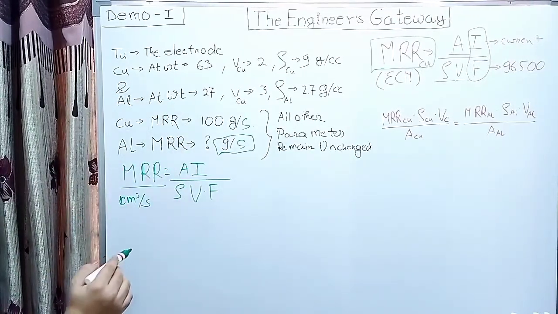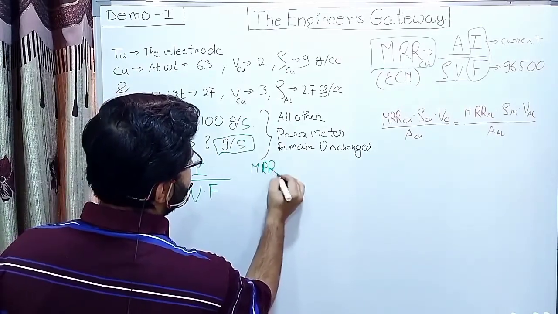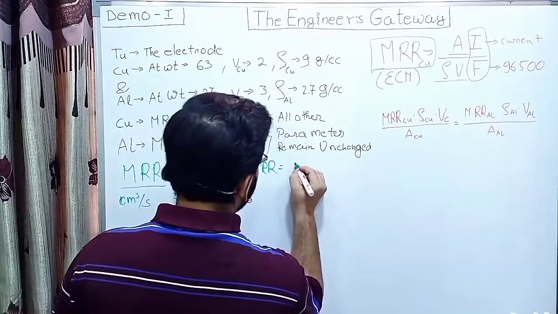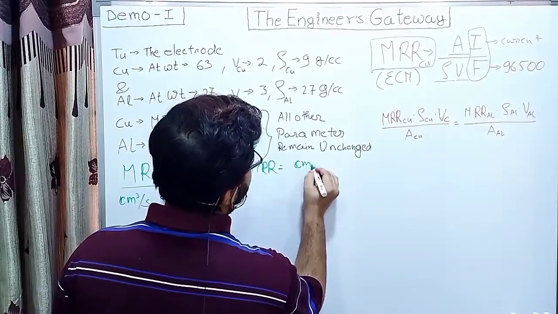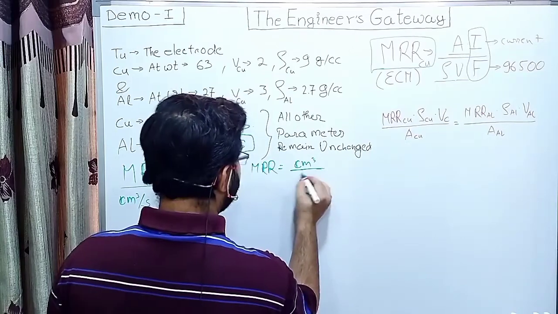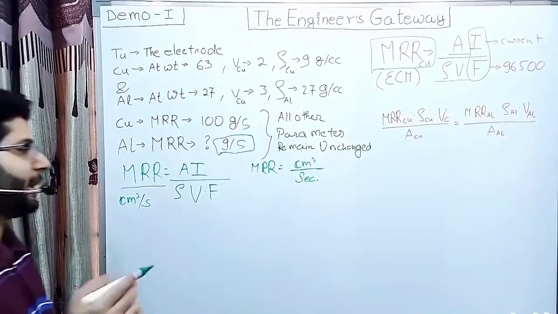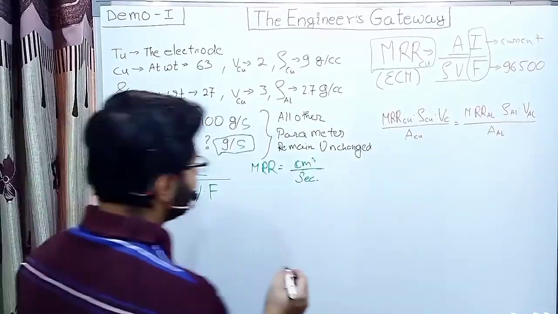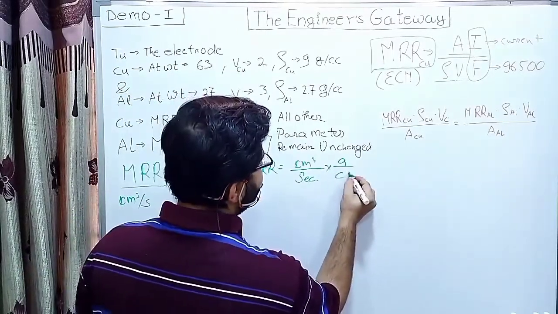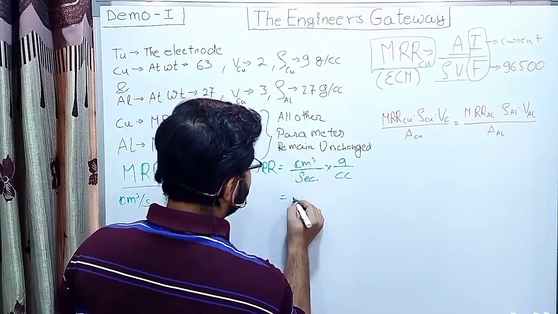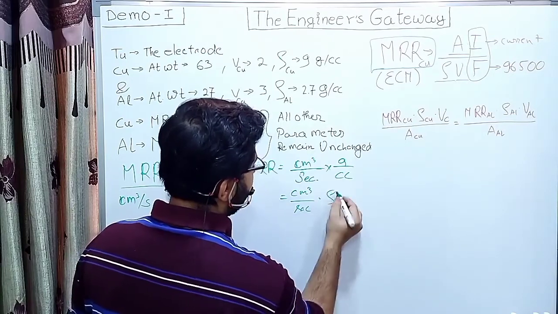So how do we proceed? We know that MRR is in cm cube per second. This is the formula we know. And how do we convert that into gram per second? If we multiply it by rho, that is nothing but cm cube per second into rho.